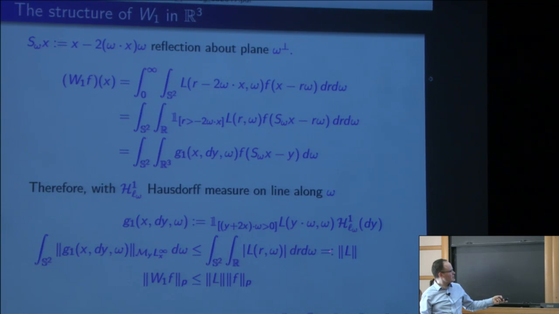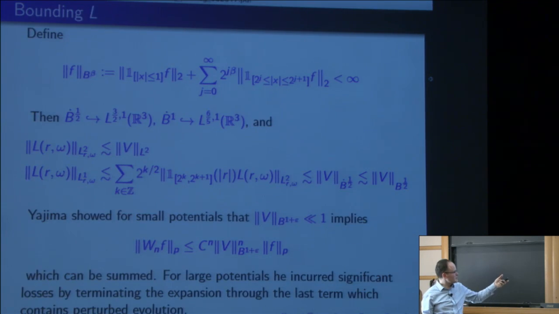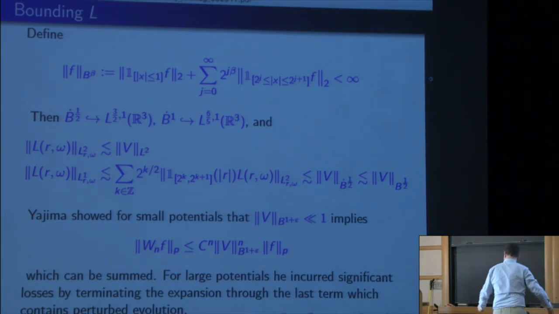And now we have to bound L. So there's a slide that explains how to do this. You define a weighted L2 norm on the ball, and then weighted on dyadic shells. Then here are some fairly obvious embeddings. L^{d/2}, remember, is the important scaling invariant case. Why do I call it scaling invariant if you haven't seen this before?